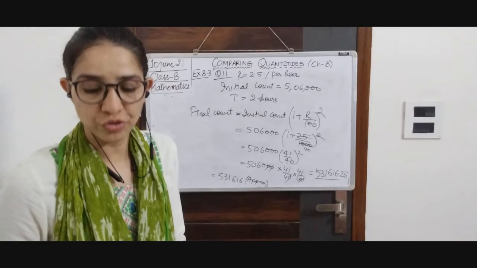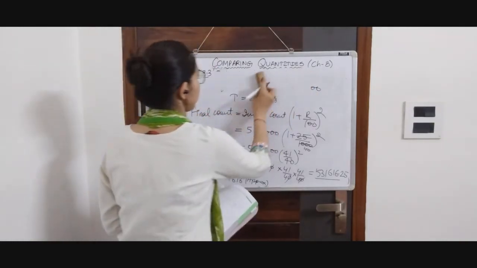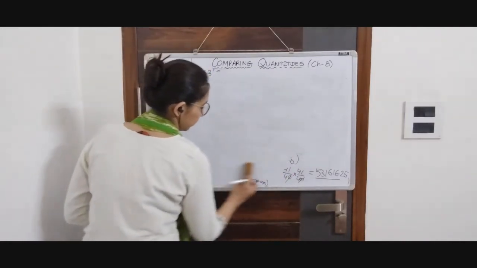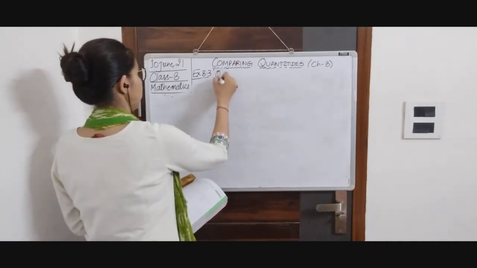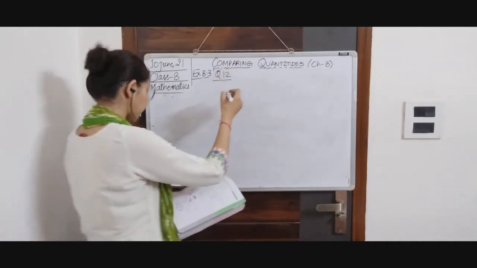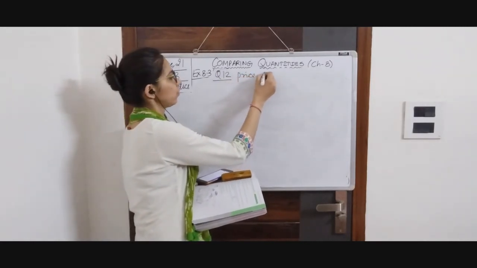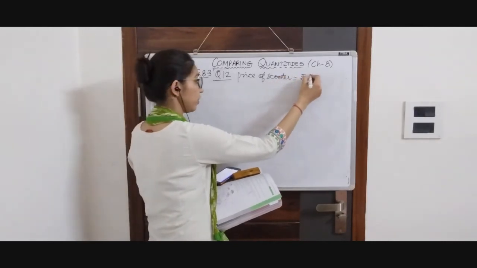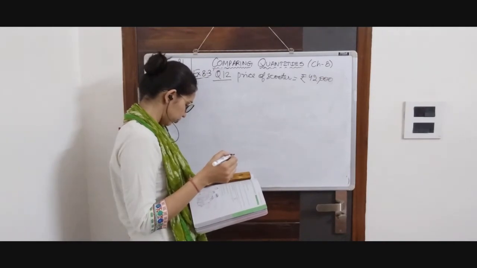Now the last question of this exercise, question number 12. A scooter was bought at rupees 42,000. Its value depreciated.